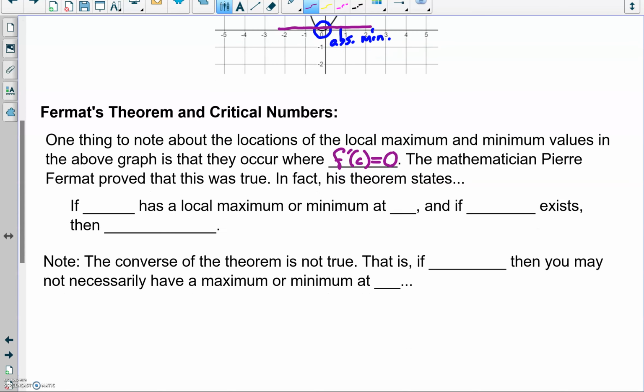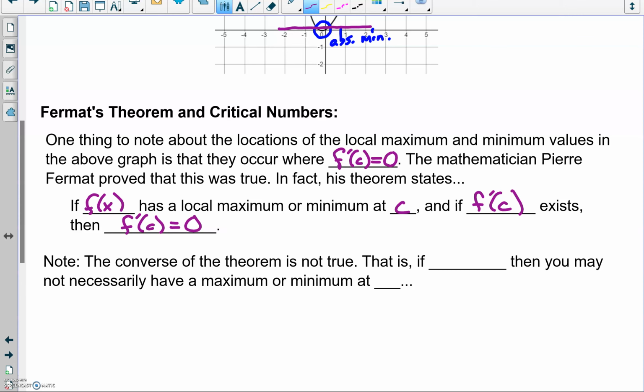In fact, his theorem states that if f of x has a local maximum or minimum at c, and if the derivative exists, we'll talk about this a little bit more later, but in his theorem the derivative has to exist, then f prime of c is going to be equal to 0. You can think about it in an intuitive sense.